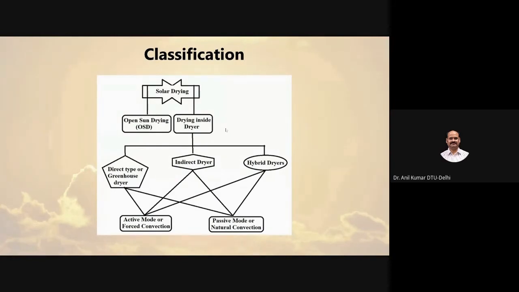This classification is based on the exposure to solar radiation. Where there is direct exposure of the crop to solar radiation, we have the greenhouse and direct type dryers. Indirect means we first use a device, a collector, a flat plate collector or evacuated collector or any kind of collector, to heat up the ambient air, and then the hot air is passed to the drying chamber.